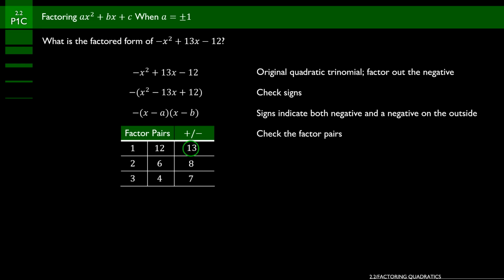It doesn't matter where we put the 12 and the 1, because we've got negative signs in both of our sets of parentheses. So you can go ahead and do negative times the quantity x minus 12 times x minus 1, and those will be your factors. If you were to distribute that negative back through to the x minus 12 and then FOIL out your results, you would end up with negative x squared plus 13x minus 12.